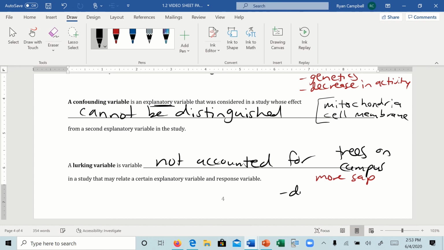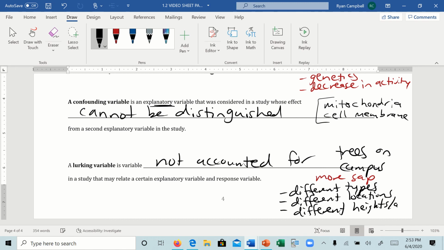So they are different types of trees. They're in different locations. They might be different heights or ages, and you're not accounting for any of this.